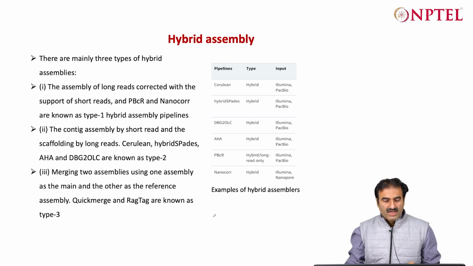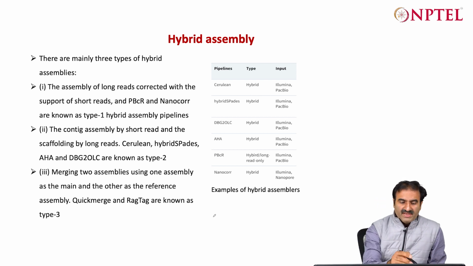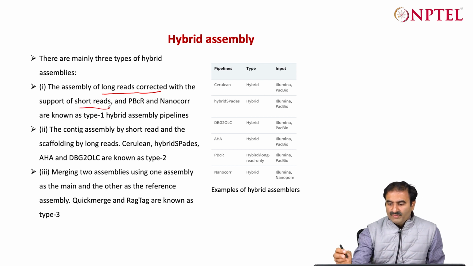Okay. So basically, there are several tools available that can do the hybrid assembly, right? We'll be dealing with two important tools today. And in this case there are three ways you can do the assembly. One is that the assembly of long reads can be corrected using the short reads. So it could be that you have a long read you have assembled, and now this is one of the contigs that you have got, but there could be errors at multiple places.